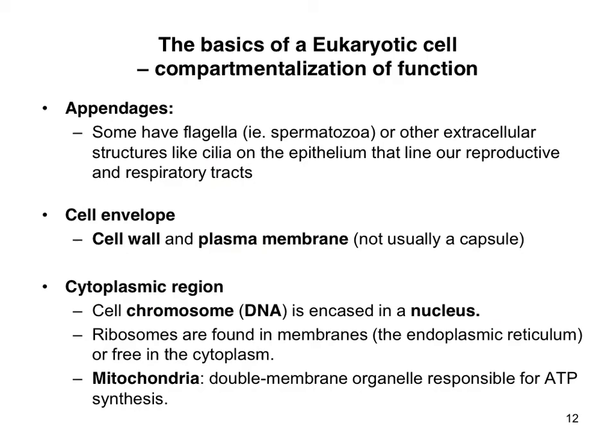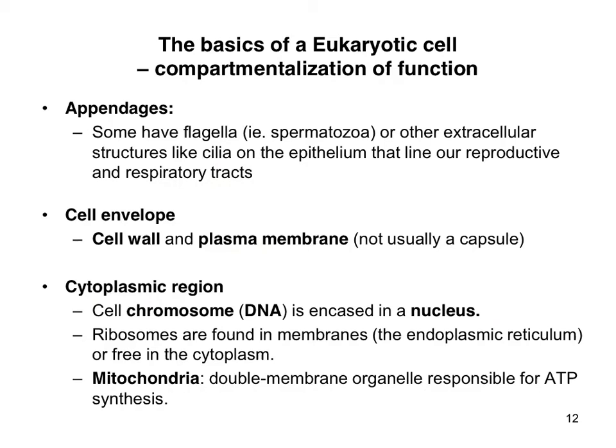Their flagella are structured quite differently from bacterial flagella, but they serve a similar purpose. Some animal cells also have extracellular structures, for example, structures called cilia that are found on the epithelial or surface cells lining our reproductive and respiratory tracts. When women ovulate, it is cilia lining epithelial cells in the reproductive tract that move the egg down from the ovaries lower into the reproductive tract.